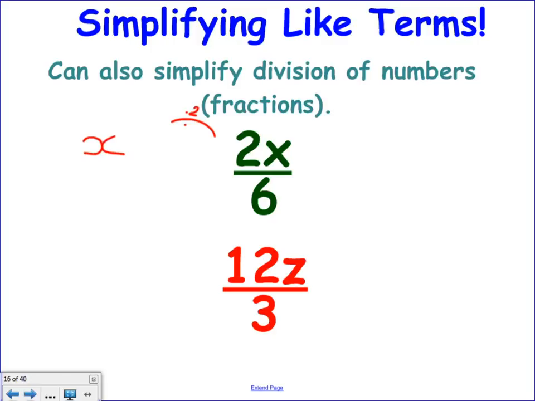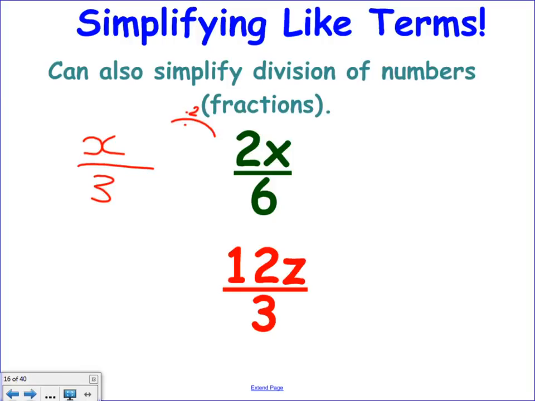2 divided by 2 is 1, but we don't write 1x. And this is one of the ways they'll catch you in the exam on whether you understand it. And then 6 divided by 2 is 3. In the same way, they will try and catch you out with something like this. You'll see an example from an exam in a second, where they'll say 12z over 3. You can simplify it exactly the same way as you simplify a fraction. What's common to the top and the bottom?